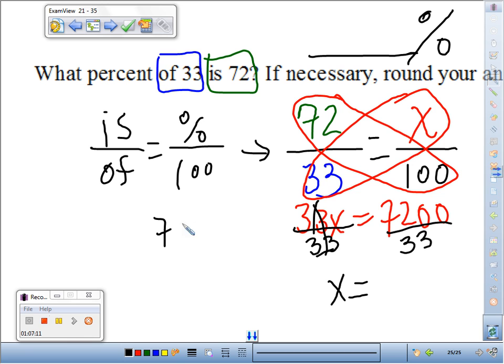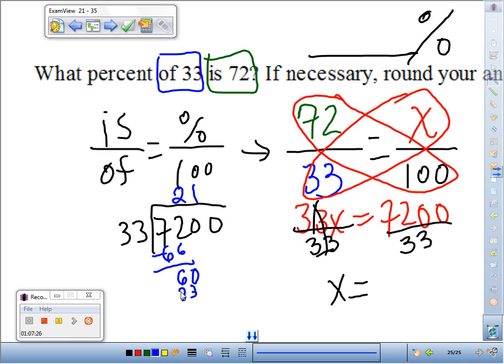So let's see, 72 divided by 33. 33 fits in there how many times? Twice, that's 66. Bring down the 0, fits in there once. 33, subtract, that's 27. Bring down the 0, fits in there how many times?